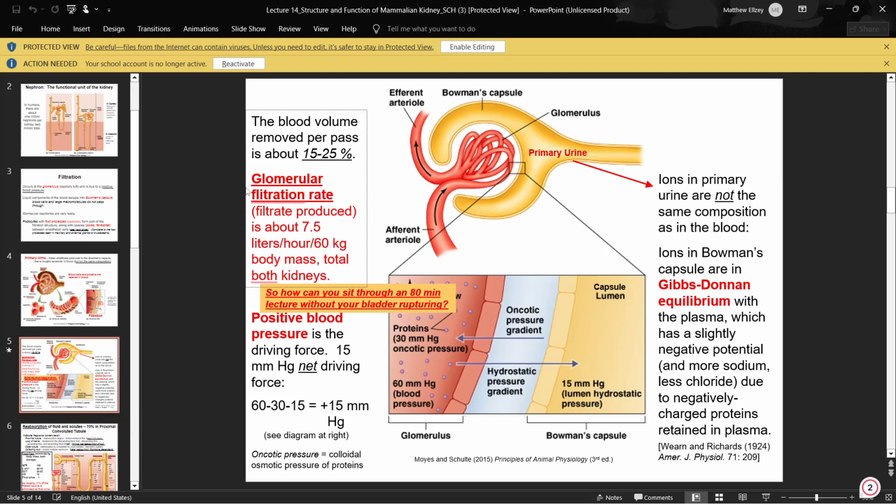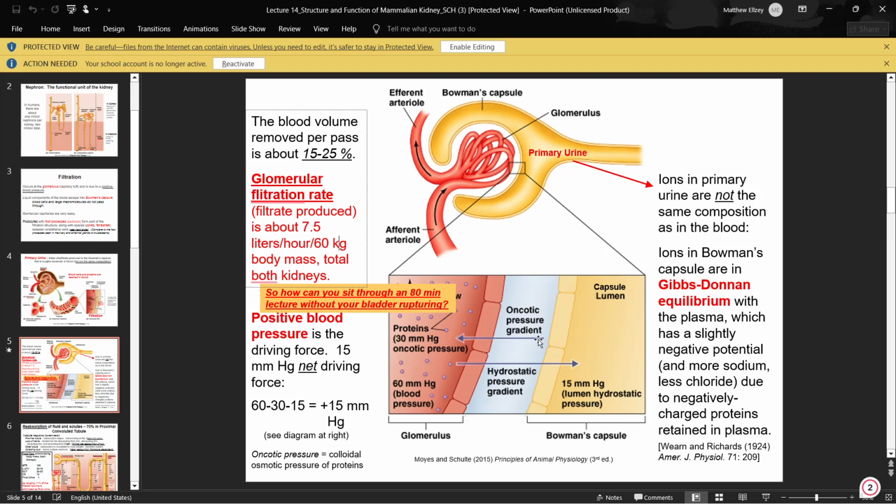Essentially, the filtrate that's initially produced is not what is being excreted at all. It's going to be ultra concentrated down the line, and it's going to be a lot lower in volume once it exits the body. And again, just to drive it home here, the positive blood pressure is the driving force for the filtration in the glomerulus.